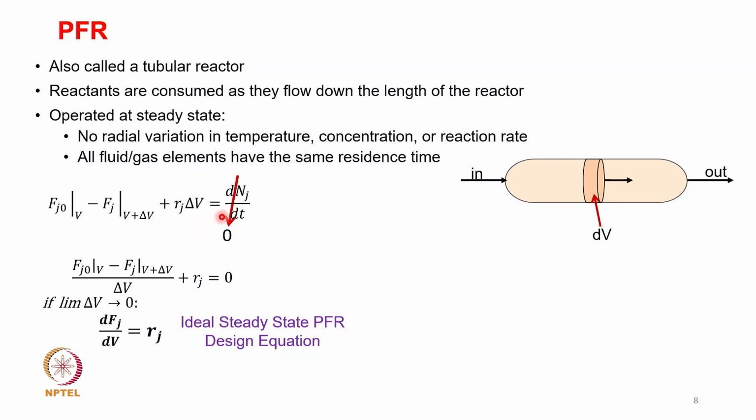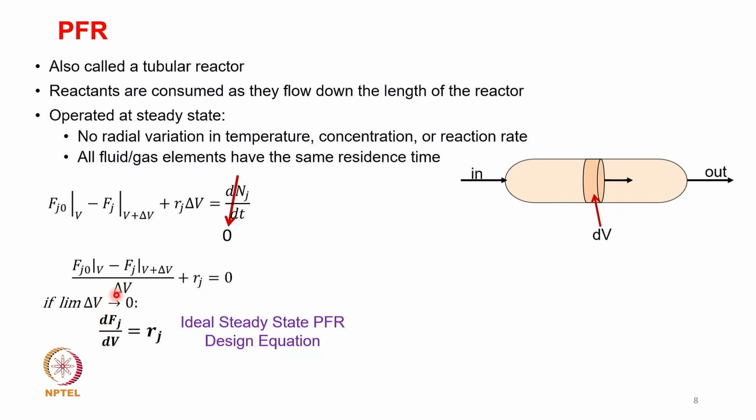Of course, under steady state condition, dnj by dt would vanish. And what you would see here is Fj at V minus Fj at V plus delta V, when we divide by delta V, plus the remaining term would be Rj, and we take the limit as delta V tends to 0.